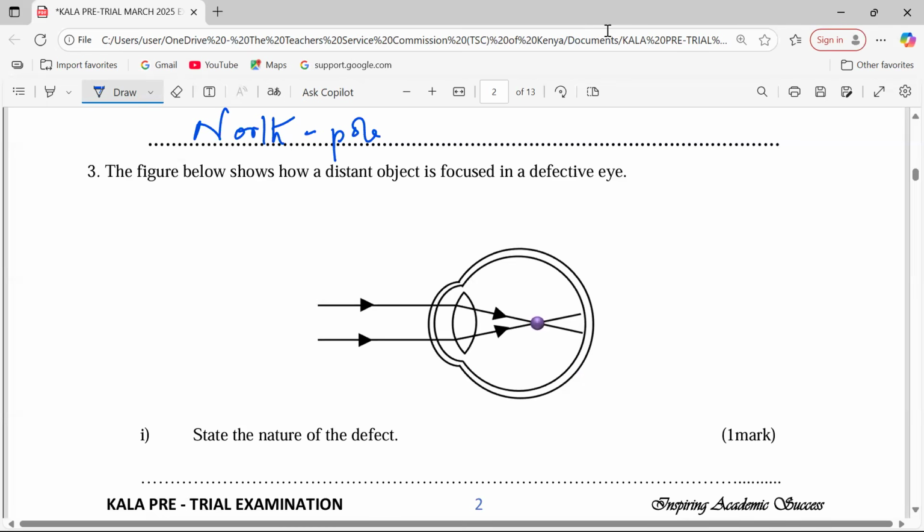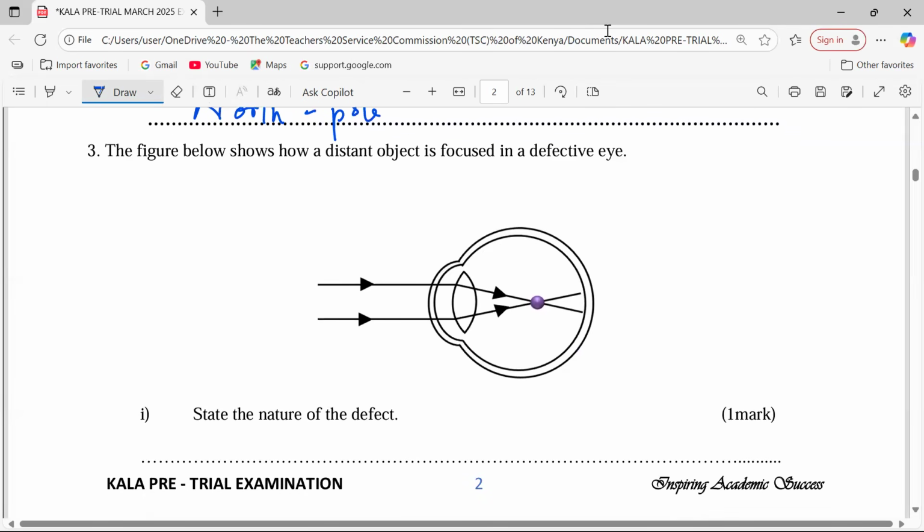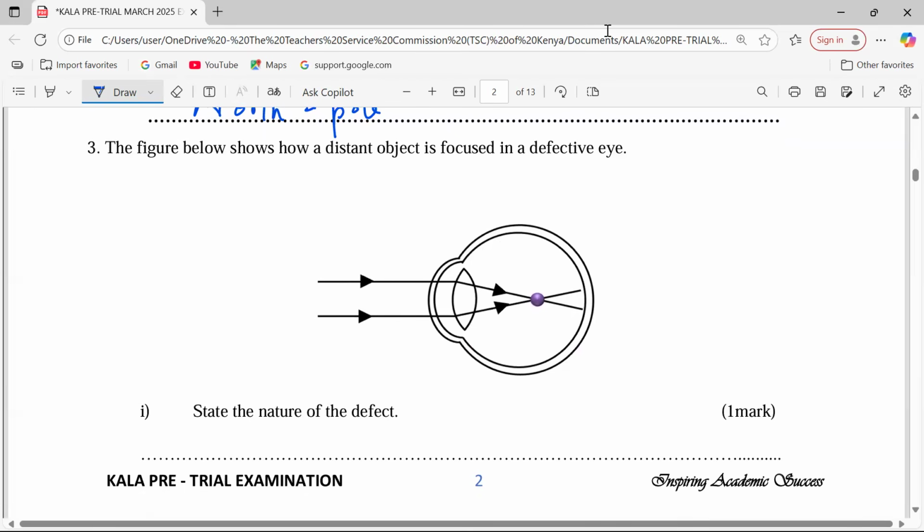Now we are on geometrical optics. Remember, every topic in physics can be traced into a particular branch of physics, depending on what it is covering. For example, here, we are dealing with the behavior of light, and the branch of physics that deals with the behavior of light as it traverses from one medium to another is called geometrical optics or geometric optics.